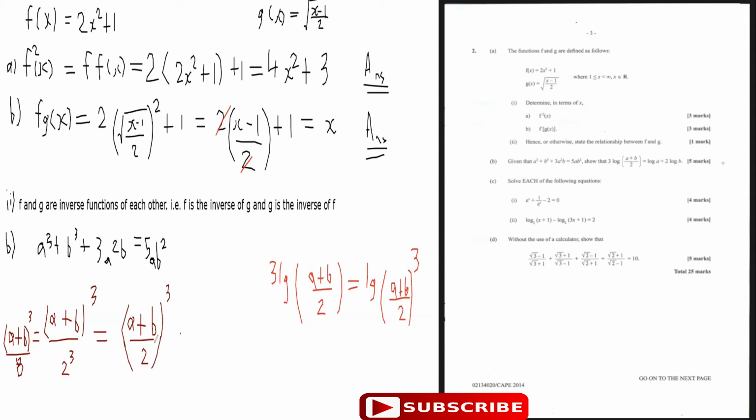I know that a plus b all cubed is a cube plus 3a squared b plus 3ab squared plus b cubed. And all of that is divided by 2 cubed, which is 8.